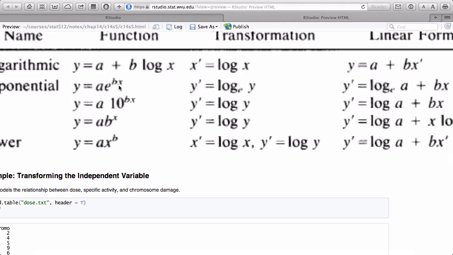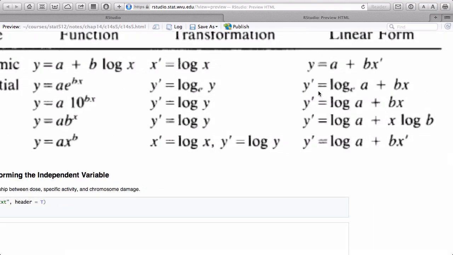Suppose the epsilon is additive. Can I do that transformation? This transformation depends on the fact that the epsilon is multiplicative. The real model is this. Y is equal to a e to the bx times epsilon. And therefore, when I take the log of it, what does it become?